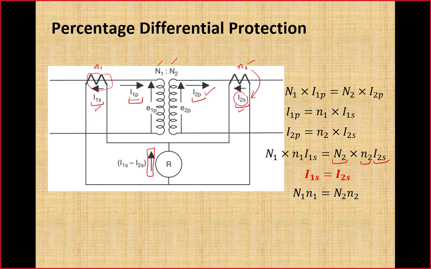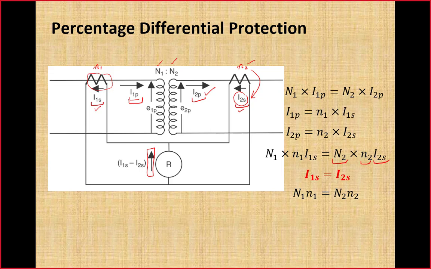In order to keep these two currents equal, we will have to satisfy this condition: the number of turns of winding 1 multiplied by the CT ratio over there must be equal to the number of turns in winding 2 multiplied by the CT ratio over there. As we can see, N1 and N2 are different from each other. Same is the case with the CT ratio on the winding 1 side and the winding 2 side, so these two CT ratios will also be different. Obviously in a transformer, the two side voltage levels are different, the two side currents will be different, and the two side CT ratios will be different to equalize the secondary currents.